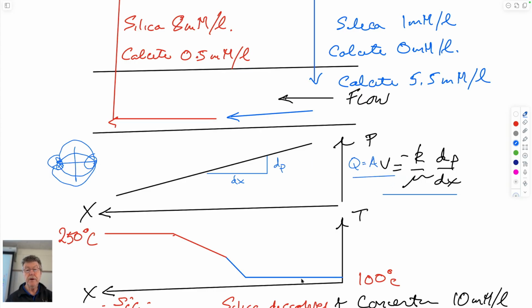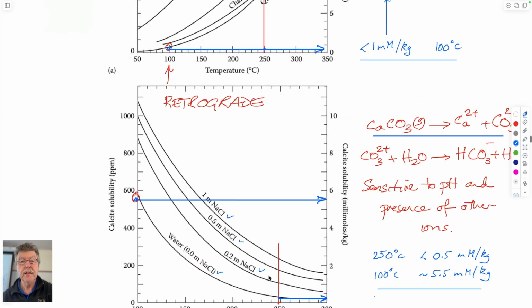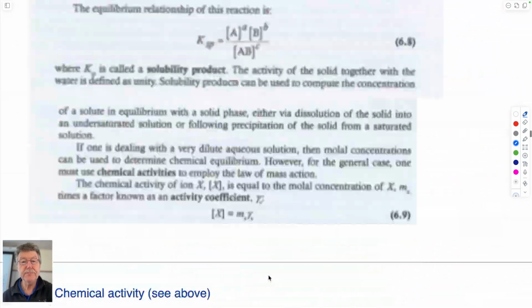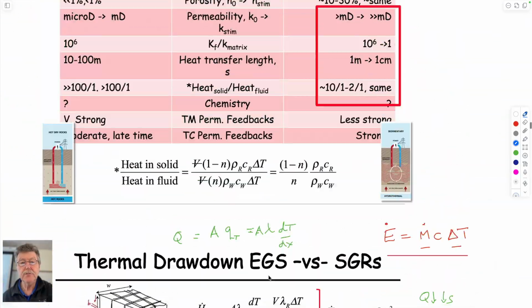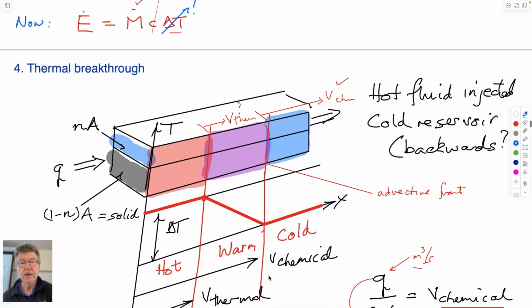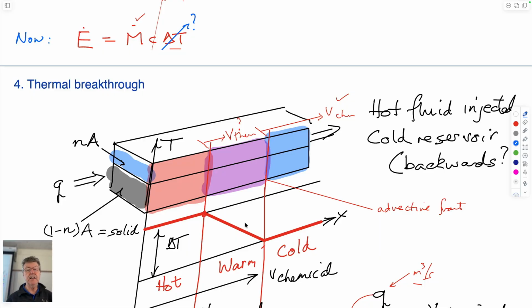We know as we flow from upstream to downstream that we have this behavior that we spent a little bit of time talking about. And just to remind ourselves, we made the case this was kind of backwards. Here we're doing the opposite. We're injecting hot water into a cold reservoir. And so that hot water in a cold reservoir will be chilled as it goes from inlet to outlet.